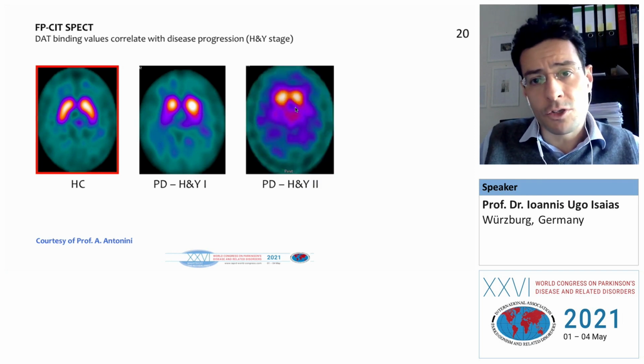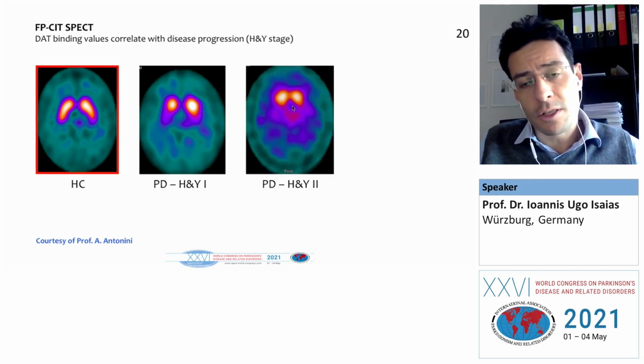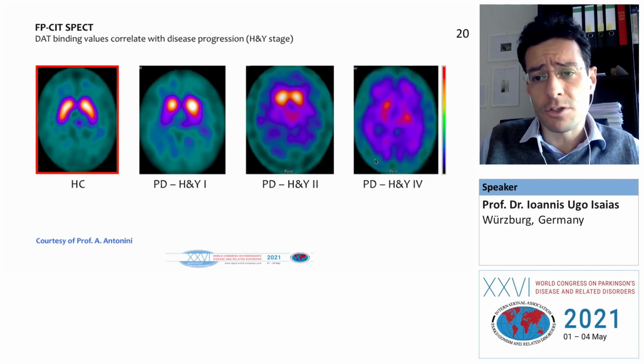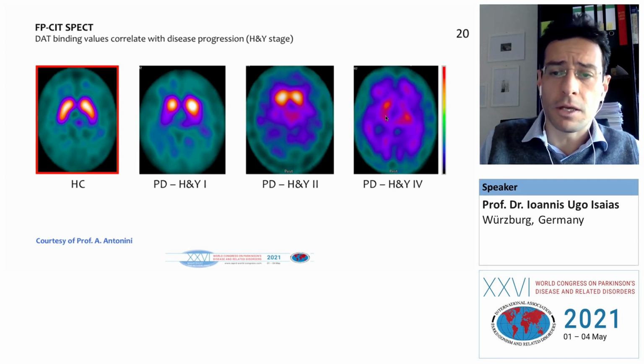In ONR stage 2, the reduction in dopamine reuptake transporters tends to become more homogeneous and bilateral. And in late stages, ONR stage 4, we have to increase the background unspecific DAT binding measurements to still capture the position of the striatum.